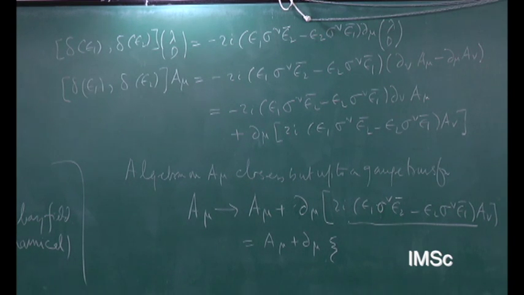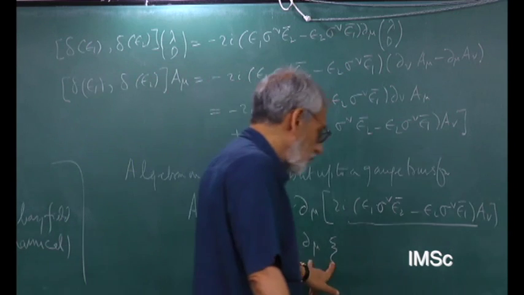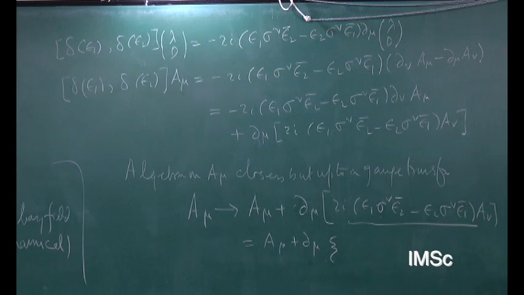So what you have noticed is that this representation does satisfy the supersymmetry algebra, but the supersymmetry algebra closes up to a gauge transformation. But that's also an invariance of the theory.